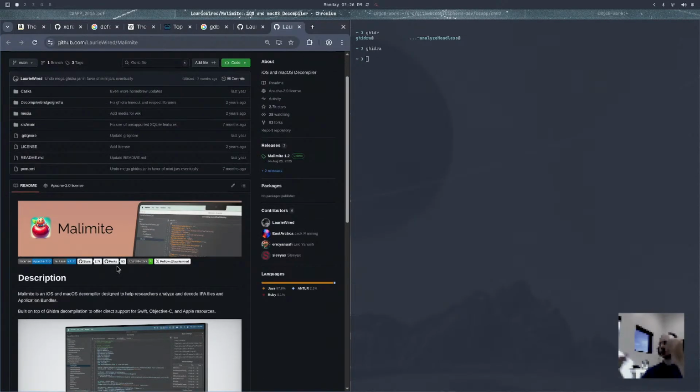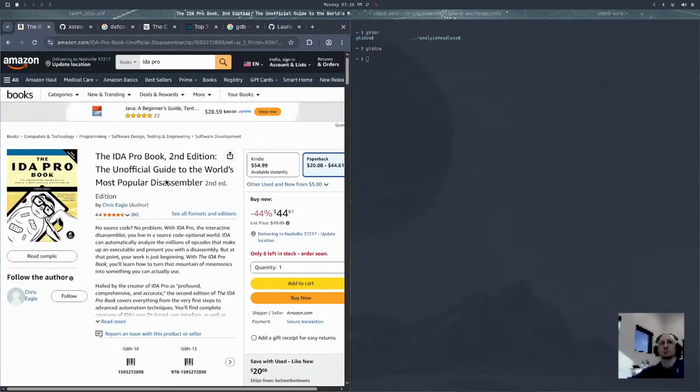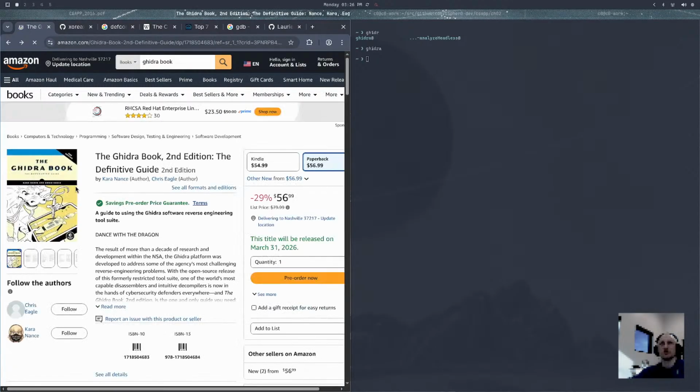So I feel like Ghidra is the tool that people are moving towards. IDA Pro is the commercial standard, and Ghidra is the tool that most open source is moving to. So I'm excited for this book launch, the second edition of the Ghidra book.